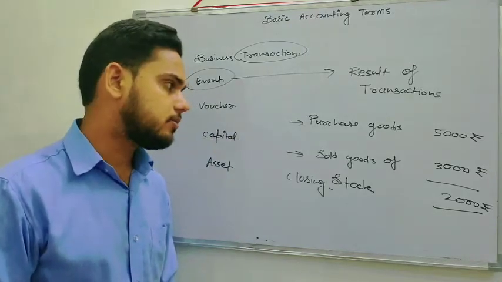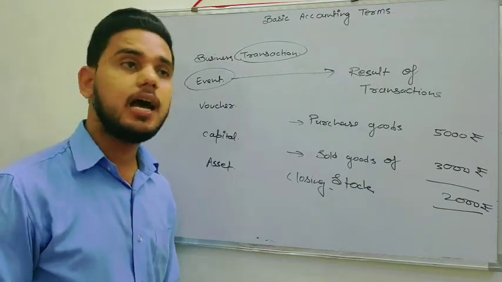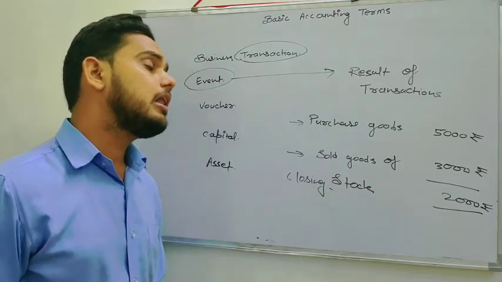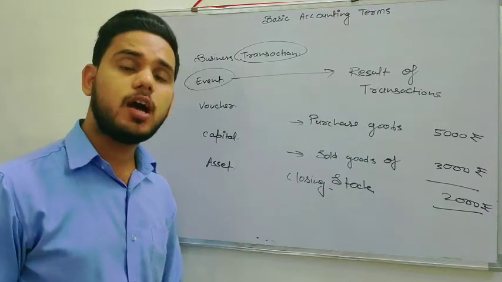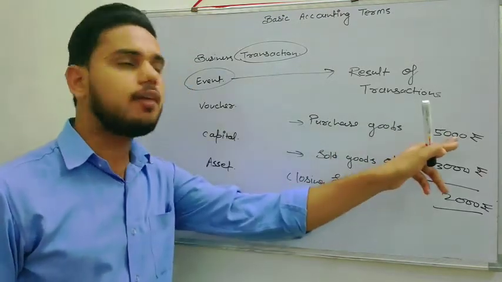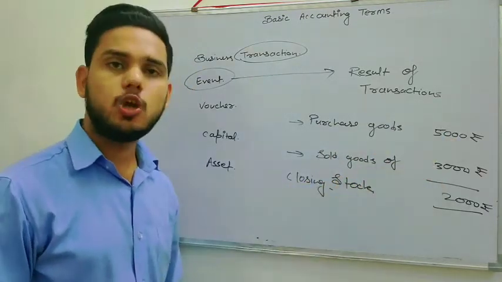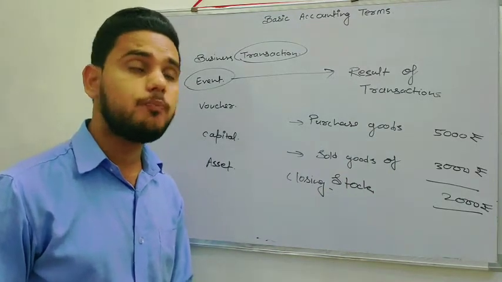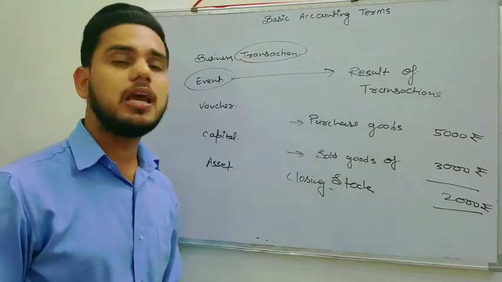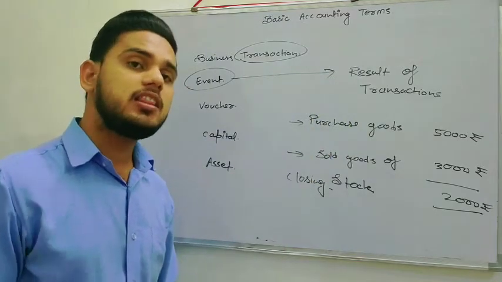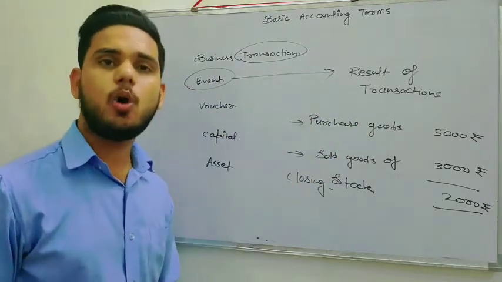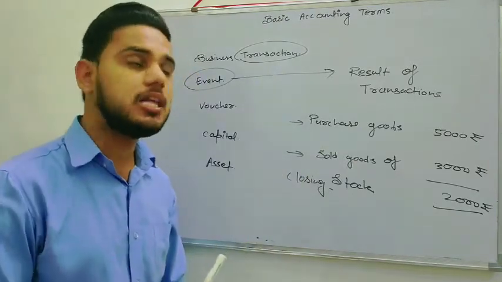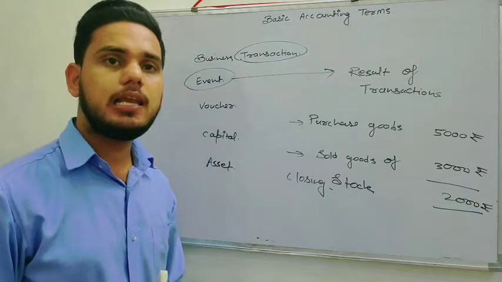There can be other results of transactions as well. Say, for example, we purchased goods of 5,000 and we sold these goods at a price of 6,000. In that case, that 1,000 of profit will also be a result of transactions, and that profit will be an event also. So I hope these two terms, business transaction and event, are clear to you.